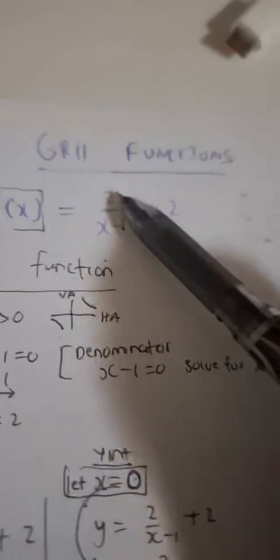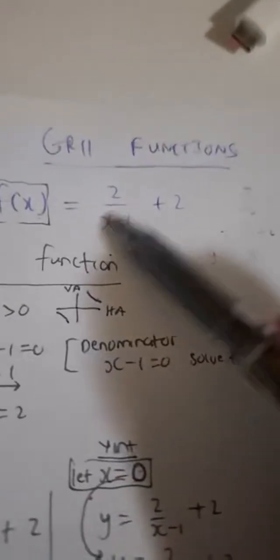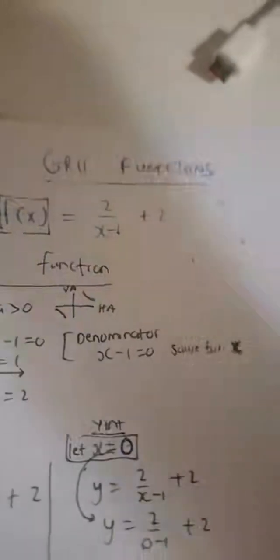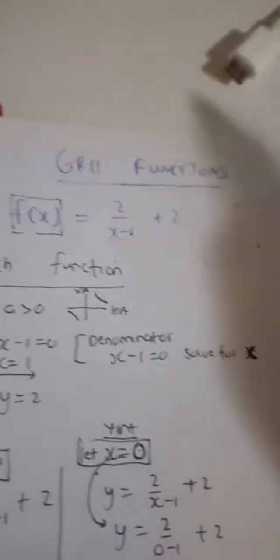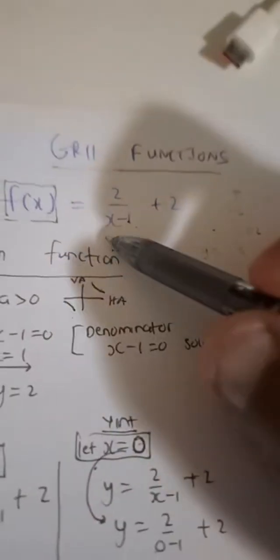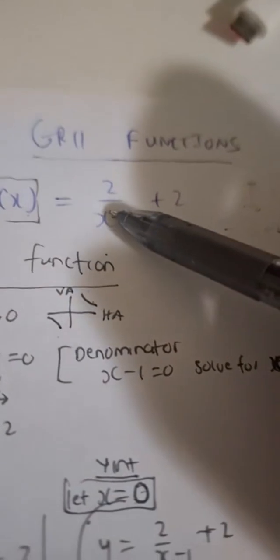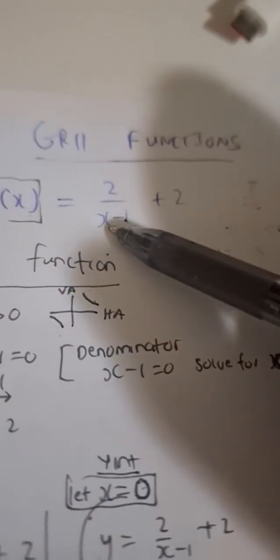So when x is equal to 2, 2 over 2 minus 1. Obviously, 2 minus 1 in the denominator gives you 1. 2 divided by 1 is 2. 2 plus 2 gives you 4. So I repeat: you substitute 2 in the place of x.